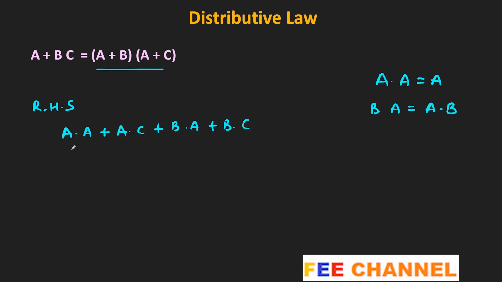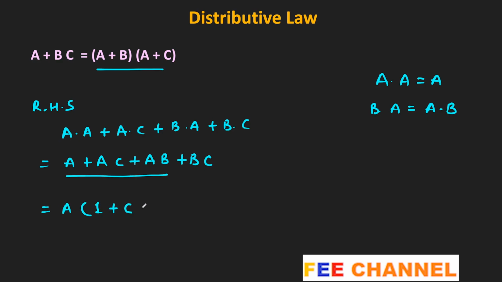Now, we know that the AND operation of A and A is equal to A. And this A can also be written as AA, so we can write this expression as A plus AC plus AB plus BC. In these first three terms, A is common. If we take this A outside, then we will have A(1 plus B plus C), and this BC will remain as it is.